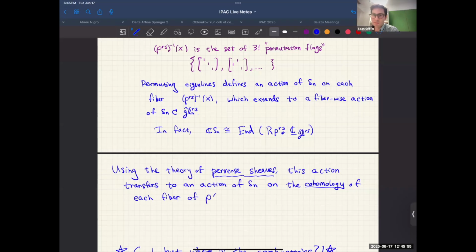of the middle map, the one for all matrices. And then in particular, you can specialize to fibers over nilpotent matrices.